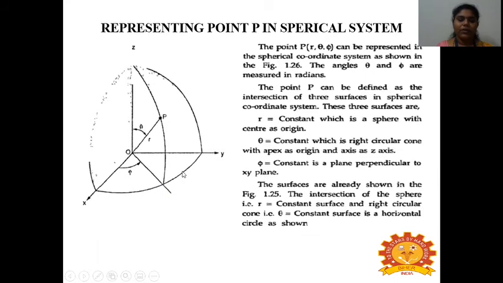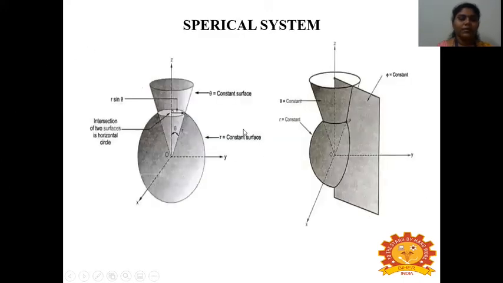If r is equal to constant, we will have a sphere, if theta is equal to constant we will have a cone, and if phi is equal to constant we will have a plane which is vertical, perpendicular to x and y. The intersection of the sphere and the cone will be a horizontal circle.